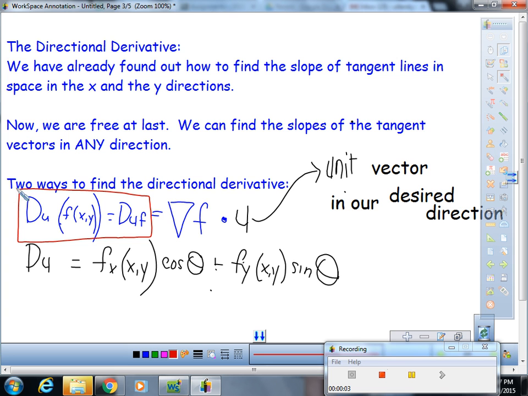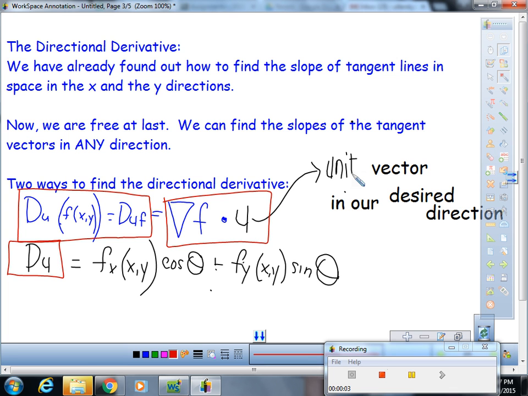So, to find our directional derivative, D sub u, you take the partial derivative with respect to x and the partial derivative with respect to y, or you just take your gradient function and dot it with u, where u is a unit vector in the desired direction. Okay?